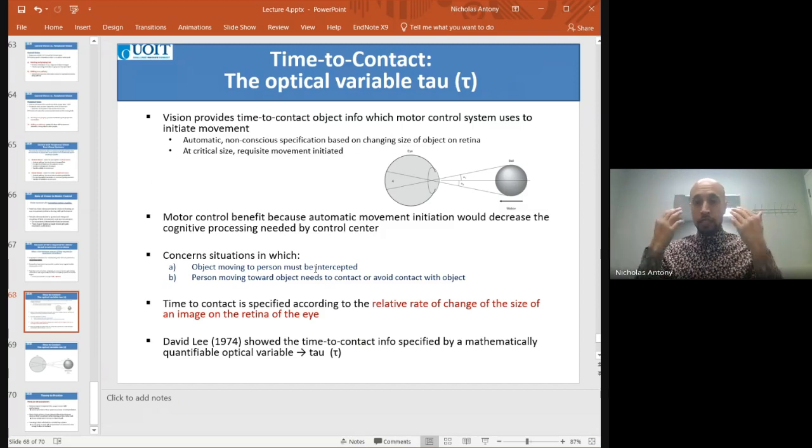It's not like we're consciously thinking about, okay, now catch it, now catch it. You time your motions with it. How it works is it's the relative size of the image in our eye. When an object is coming closer to us, like a ball coming at you, it exponentially starts to get bigger as it comes closer. So we use that information to time our movements.